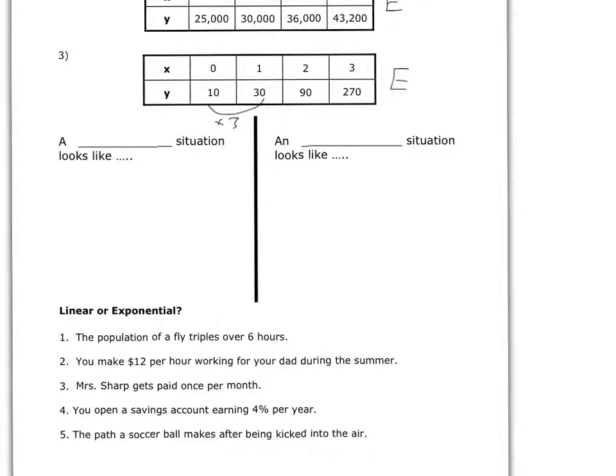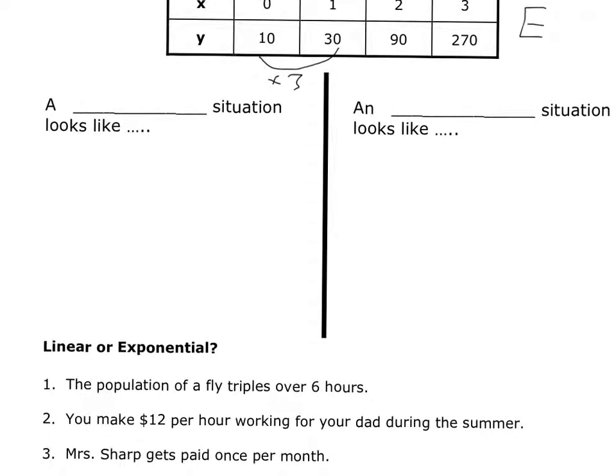The last thing that we need to do today is decide if something is exponential or linear from a given phrase. First thing, a linear situation looks like something that is in the form y equals mx plus b. If it's in that form, it's linear.